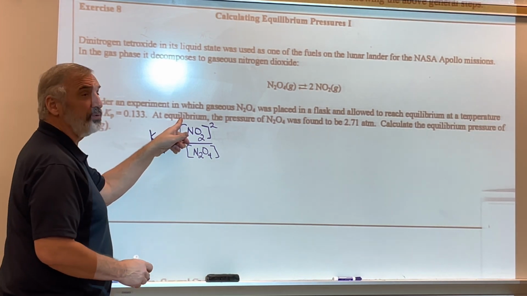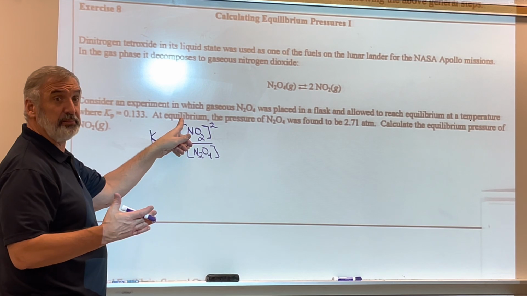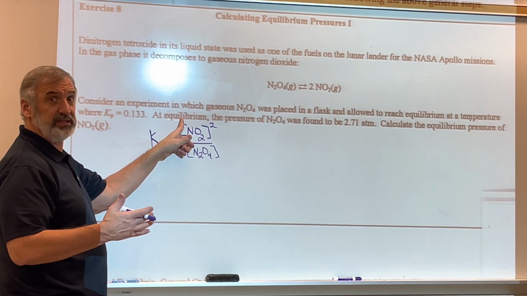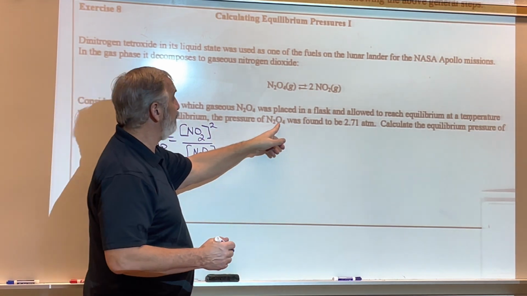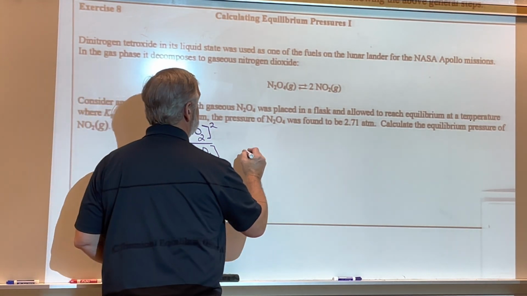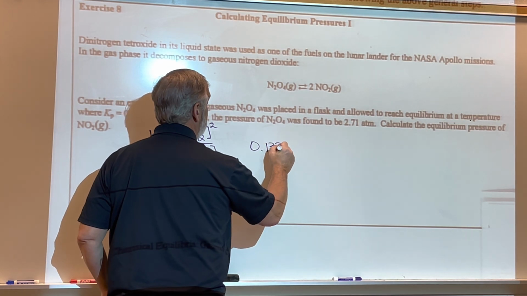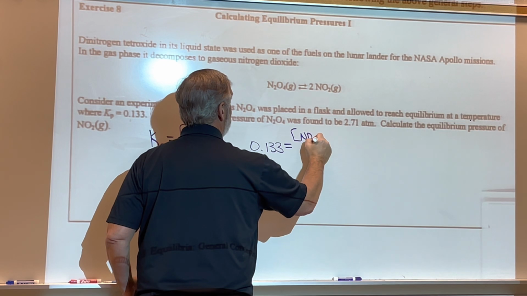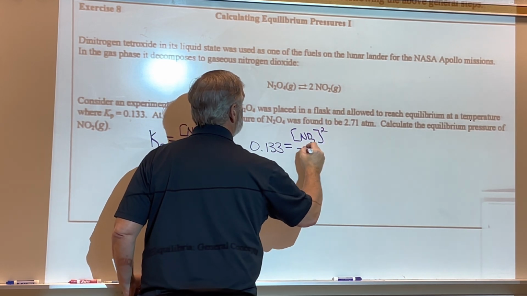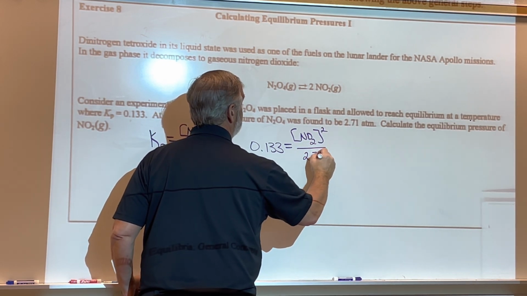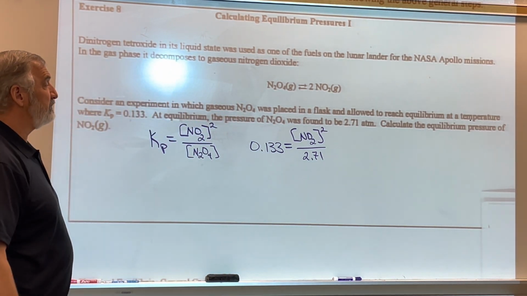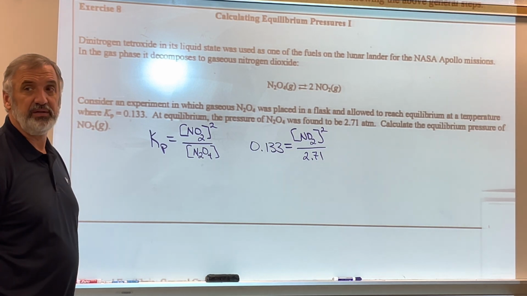It says at equilibrium, so I know I'm at equilibrium pressure. It's not an initial pressure, it's equilibrium, which we like because that makes everything easier. The N2O4 was found to be 2.71, so we can say that 0.133 is equal to NO2, which is what the question is asking for, squared, divided by 2.71. So multiply both sides by 2.71, and then take the square root.